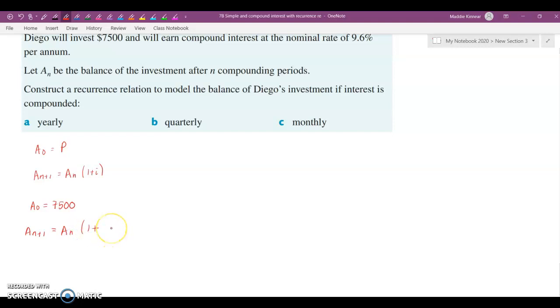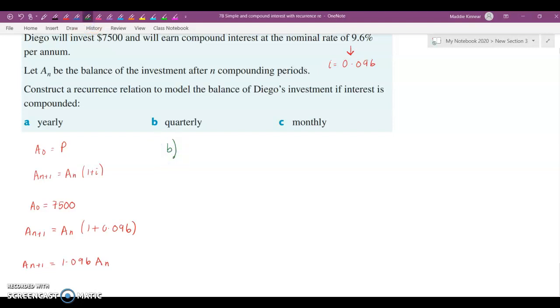Remember, i is the rate converted to a decimal. So i equals 0.096. So it's 1 + 0.096, which we can write in a more simplified version as 1.096 lots of AN.